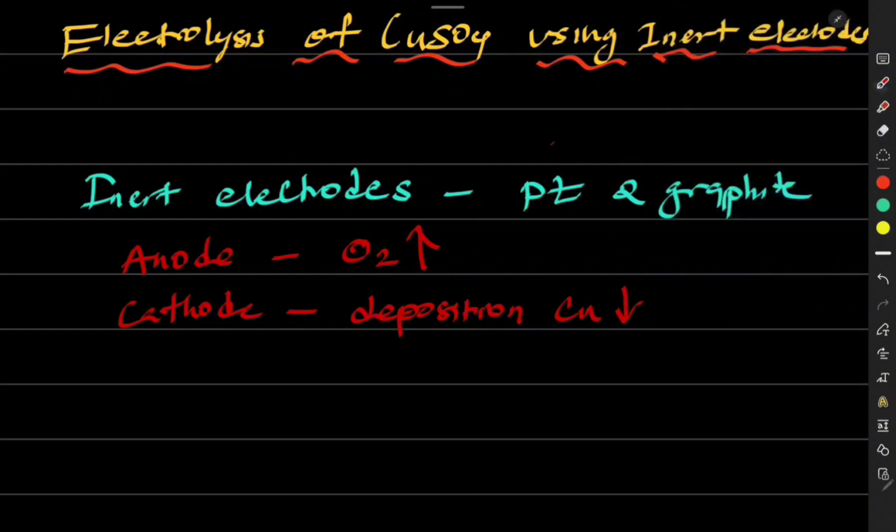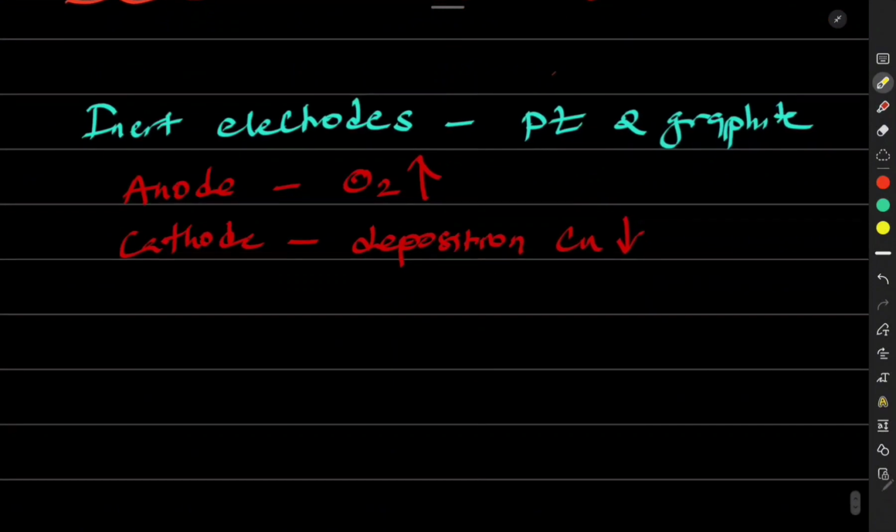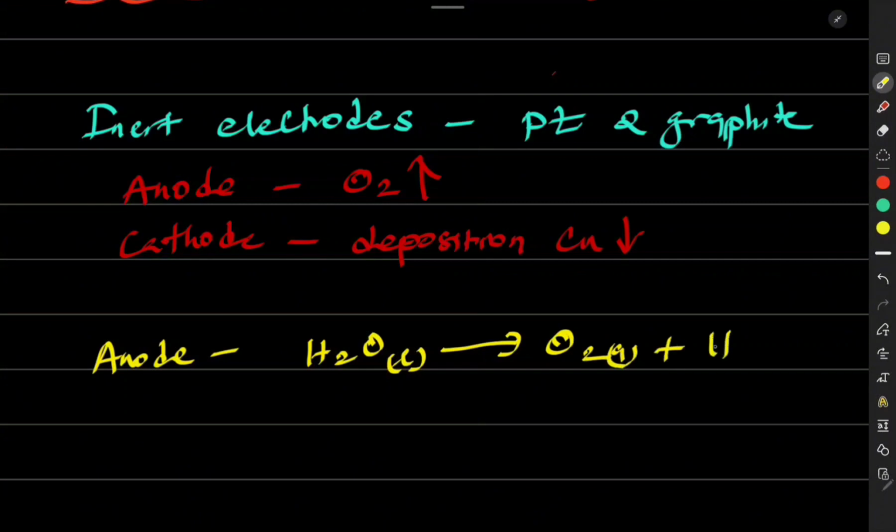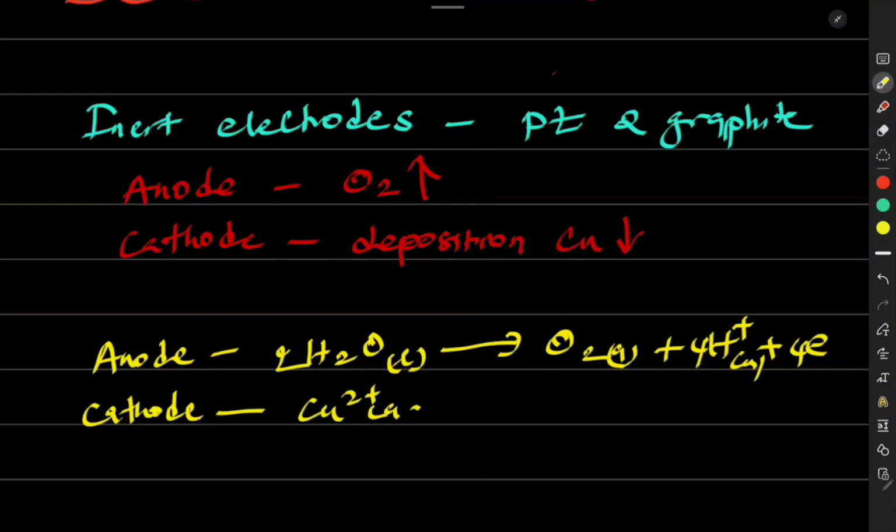Now let's look at the reactions. Anode reaction: H2O liquid forms O2 gas plus H+ and electrons. If we balance these, this should be 4 and this should be 2, and this is aqueous. And if we take the cathode reaction, the ions in the aqueous solution, Cu2+ aqueous plus 2 electrons, form copper solid.